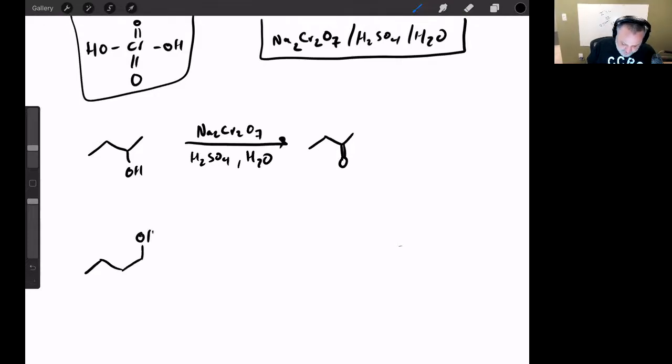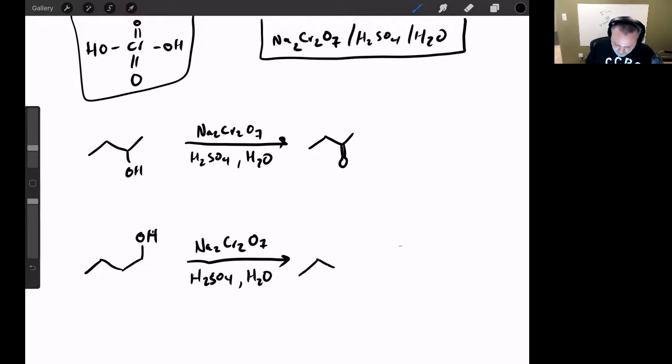And I mentioned that the chromic acid, the sodium dichromate, is the stronger of the oxidizing agents. In fact, it's so strong that if the alcohol is in a primary position, it will oxidize that carbon as far as it can go, as far as adding bonds to oxygen.